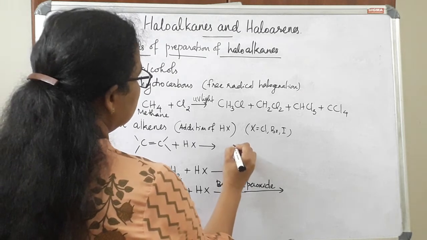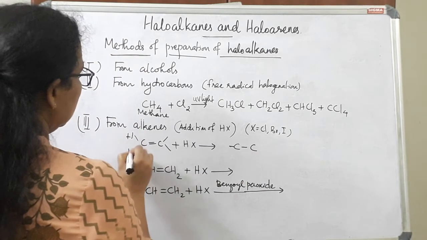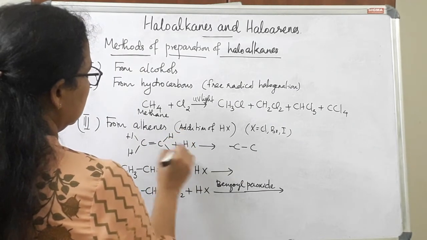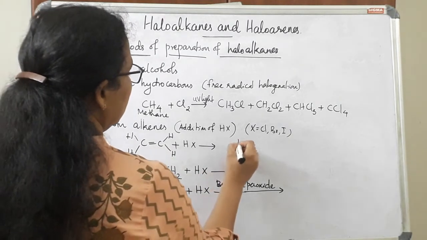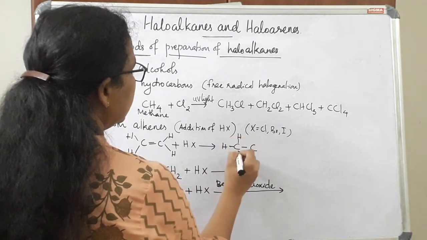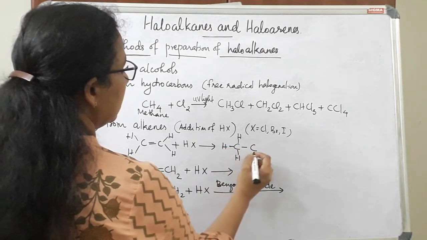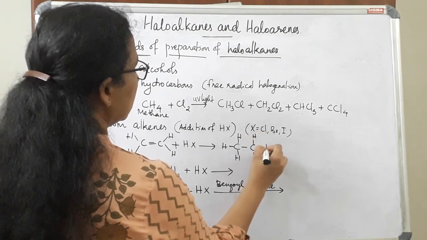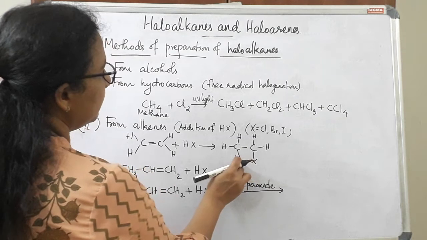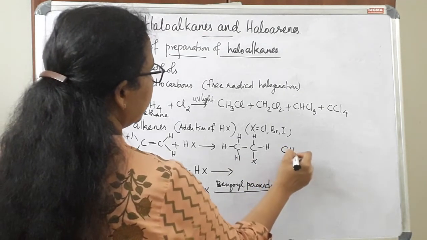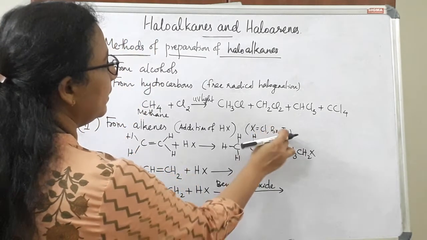Here if this is ethene, CH2 double bond CH2, after addition reaction, one hydrogen is added to this carbon and the halogen is added to this carbon. So this will be the product CH3CH2X.